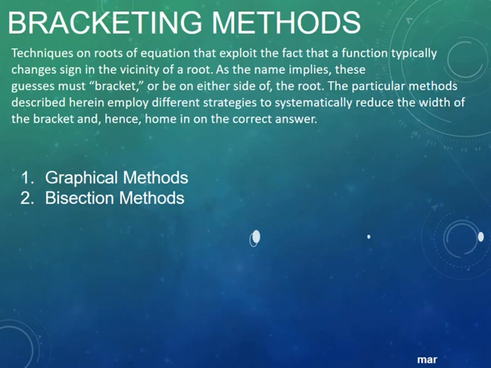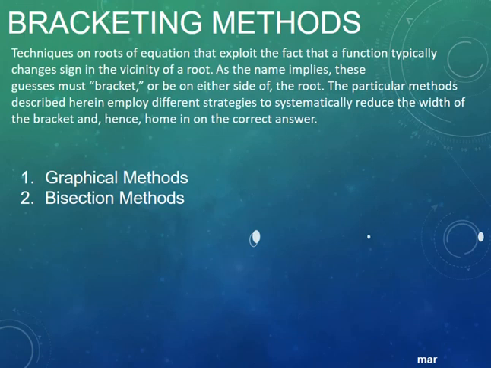The particular methods described herein employ different strategies to systematically reduce the width of the bracket and hence home in on the correct answer. So under bracketing methods, we have the graphical methods, bisection methods, and the false position methods.